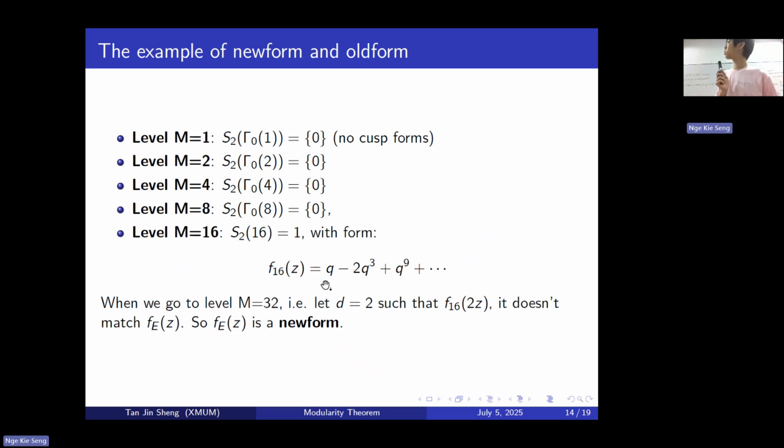But when we go through to M equals 32, we let d equal 2, such that f_16 is substituted by 2z. It doesn't match f. So f is a new form.